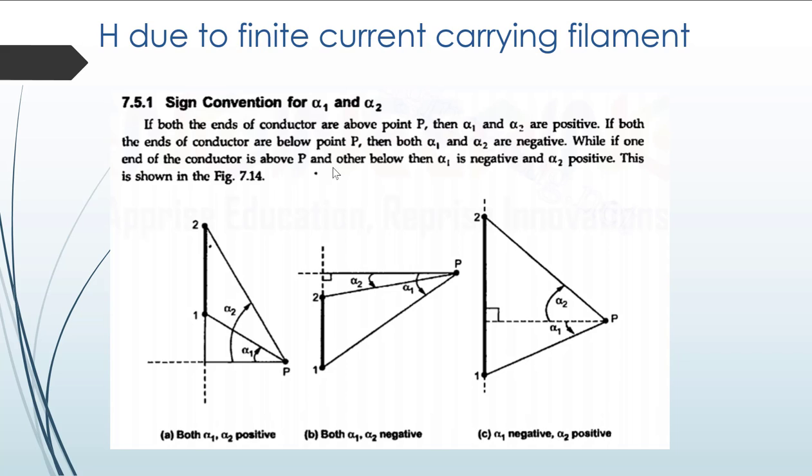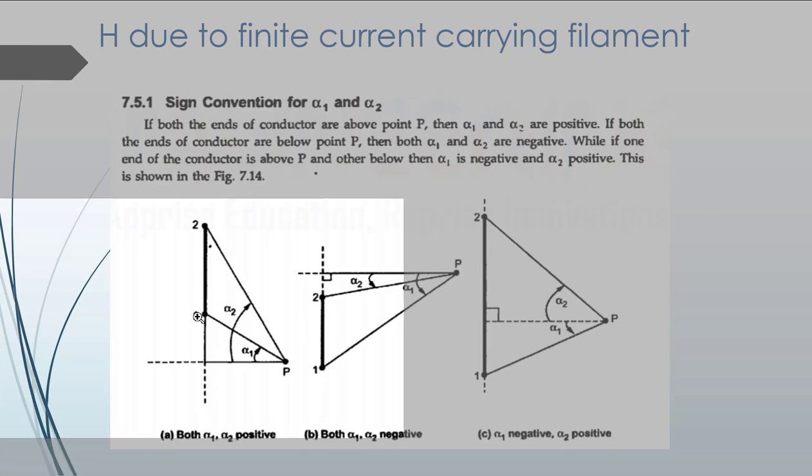To solve the example based on the finite current filament, we have to consider some sign convention for the two angles, that is alpha 1 and alpha 2. Here 3 options are shown in the figure. In the first figure, both alpha 1 and alpha 2 are said to be positive. Why?